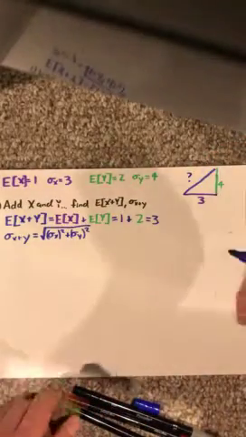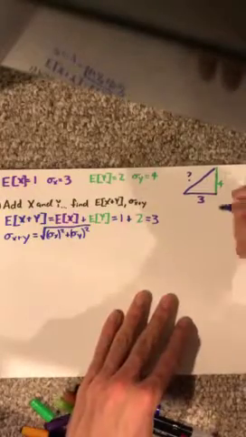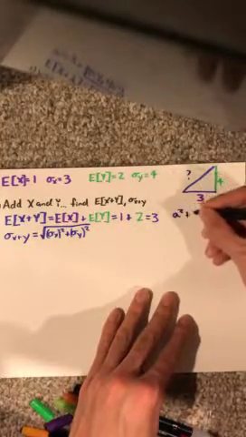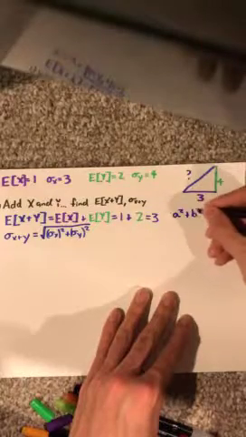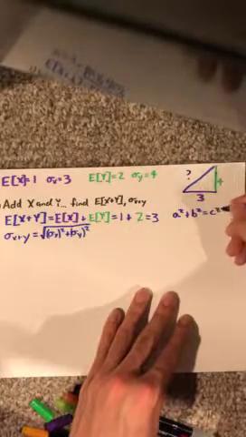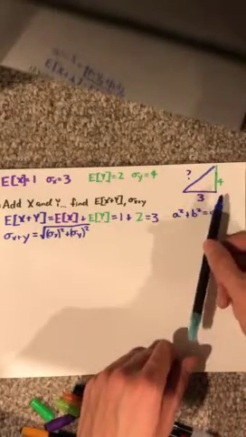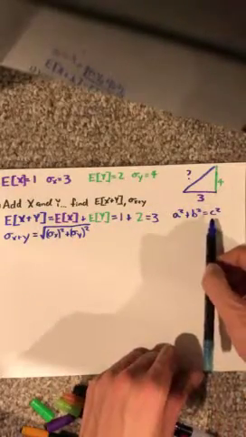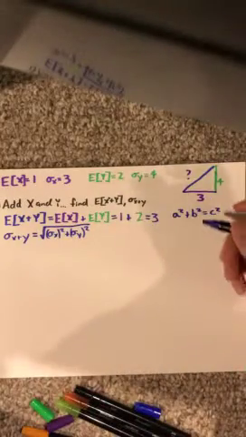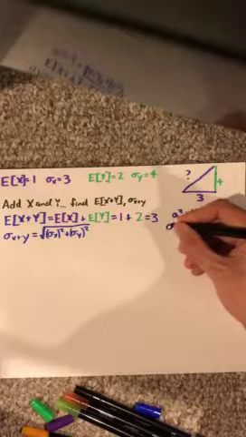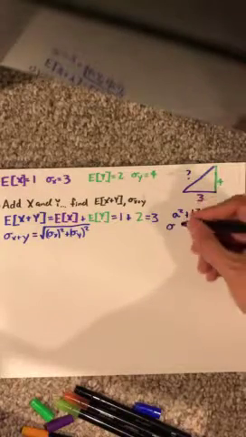And so your Pythagorean theorem looks like this: a squared plus b squared equals c squared. In this case, our a can be 3, our b can be 4, and we need to find c squared. You'll notice that our variance equation for adding random variables together looks kind of the same way.